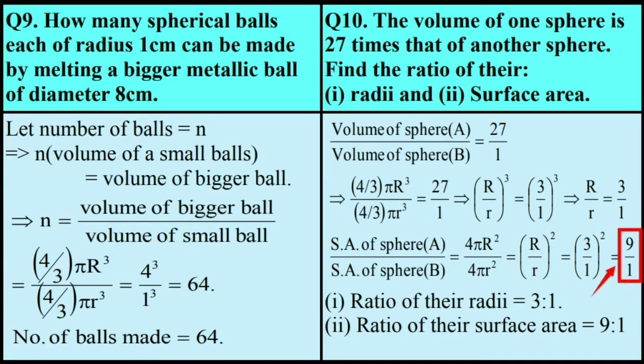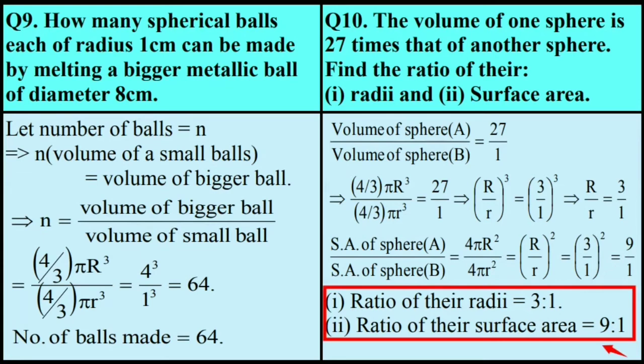Finally, the result obtained is 9 by 1. Hence, ratio of their surface area is 9:1. Here is the result finally recorded. Ratio of their radii is 3:1 and ratio of their surface area is 9:1.